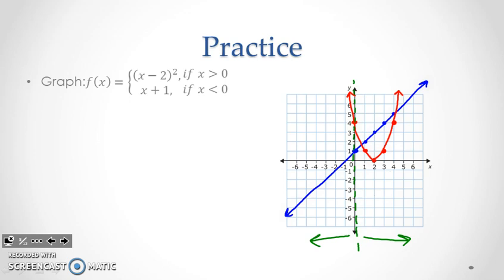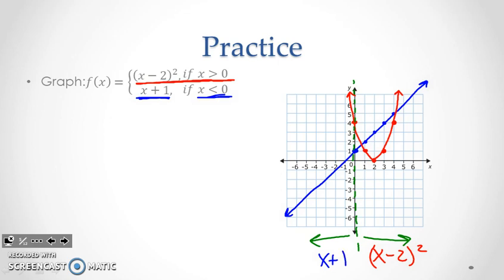So I'm looking for x to be greater than 0, which would be my parabola. So I need to have my (x minus 2) squared on the right, and I need to check, but yes, x less than 0 is going to be over here on the left. So I'm going to have my x plus 1 over here on the left.